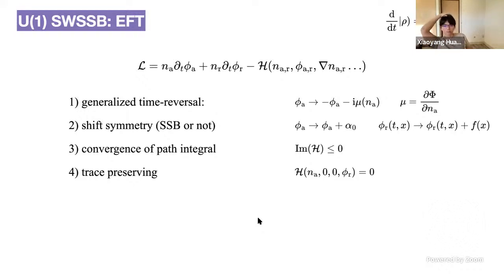However, the weak symmetry is not broken, so we don't have this freedom to shift. Instead, we need to guarantee that there are no fluctuations happening on the weak symmetry side, which concerns the so-called classical field in the Schwinger-Keldysh formalism. And this tells you that this phi R field should be able to shift by an arbitrary spatial function, and that doesn't change the action.